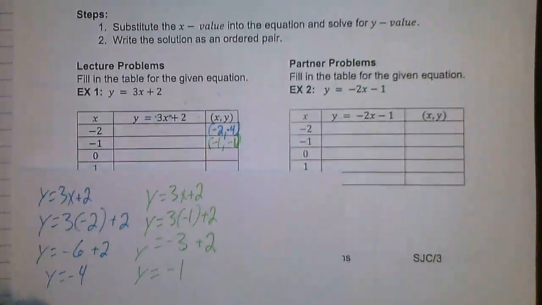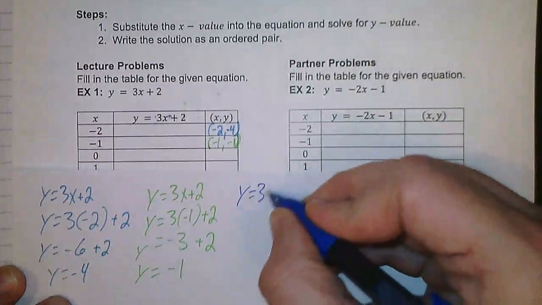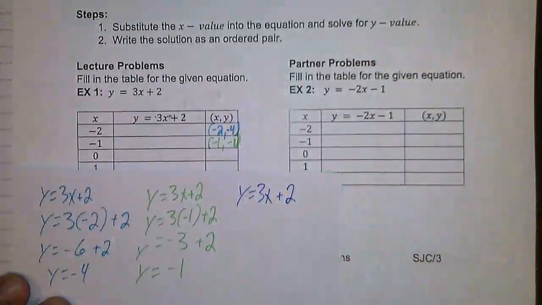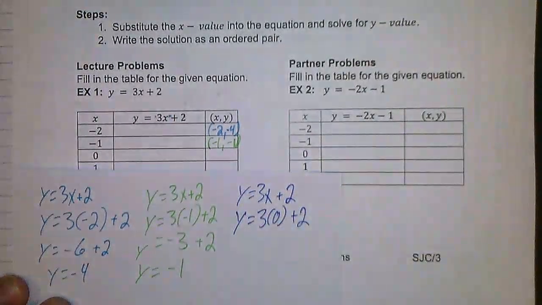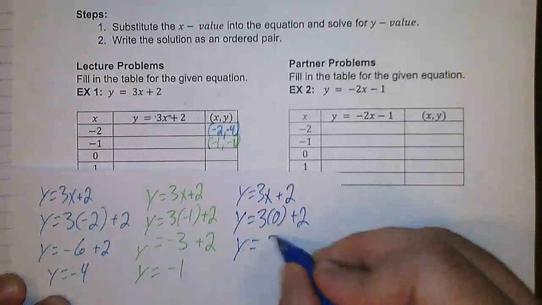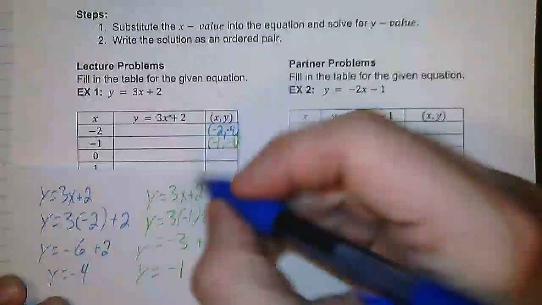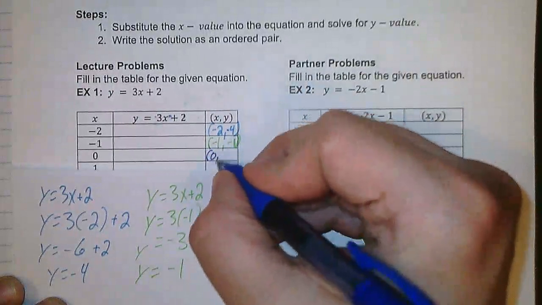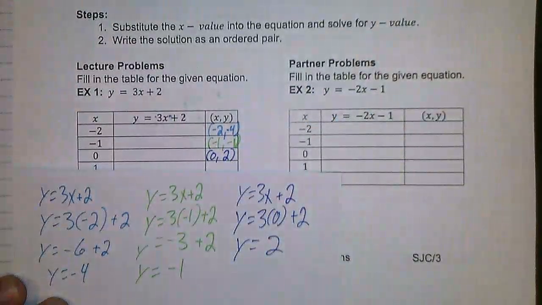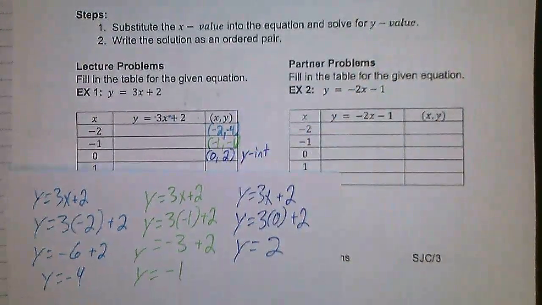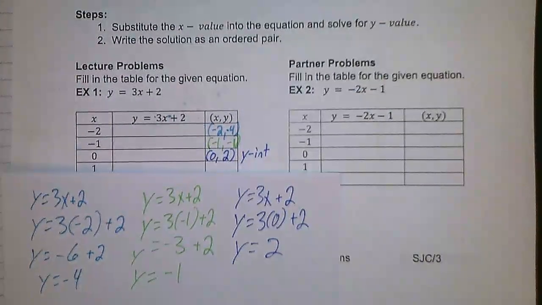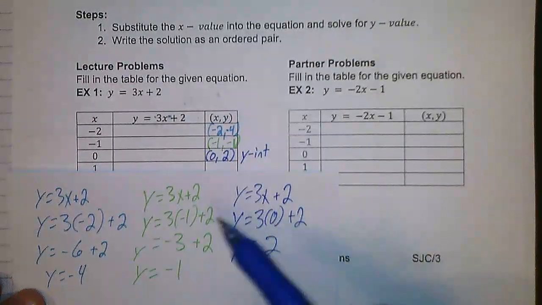And we'll stop at 0 here, because 0 is always a fun one to plug in. 3 times 0 is just 0, which means that this is just 2. So if my x value is 0 and my y value is 2, this is our y-intercept. I'm just trying to plant this seed of talking about intercepts because it's an important concept. And so that's how we create a table.